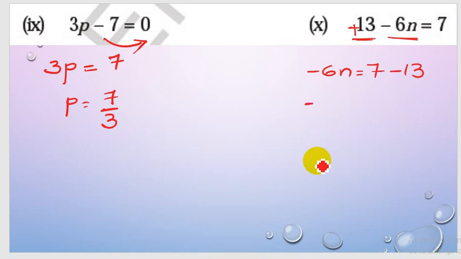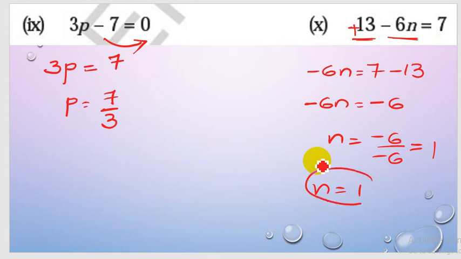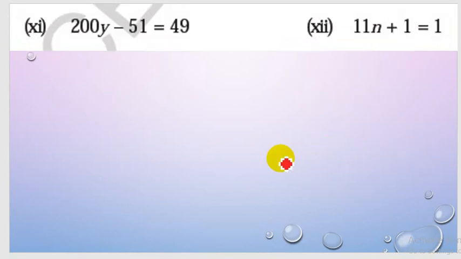That plus, if I transpose, becomes minus. So minus 6n is equal to 7 minus 13, which is minus 6. So n is equal to minus 6 divided by minus 6. Since both are identical, they will get cancelled one time. So the value of n is 1, right?